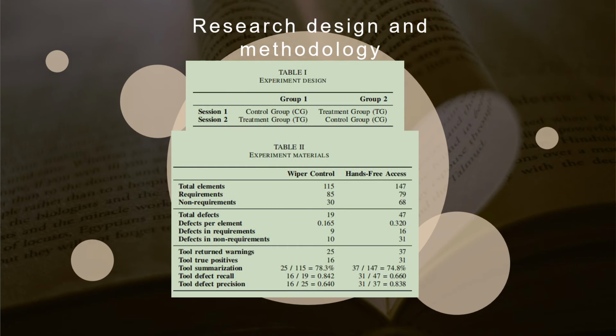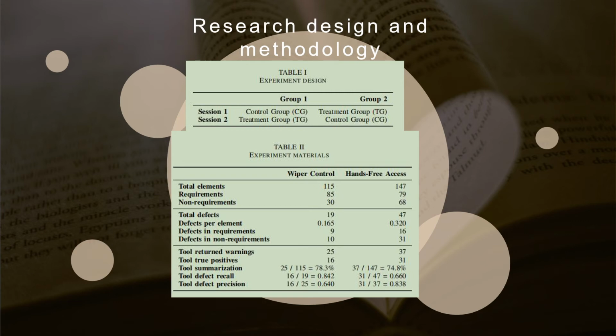The treatment group inspects only the elements containing defects as determined by the automatic classification tool. Then we have three major topics in this research: the performance difference between the two groups, the optimal beta for the requirements and non-requirements classification task, and how big the summarization is given beta on typical requirement specification documents.